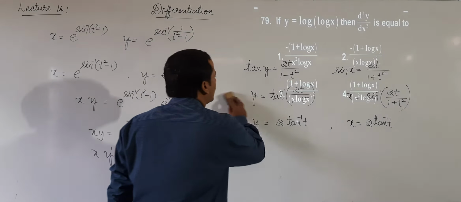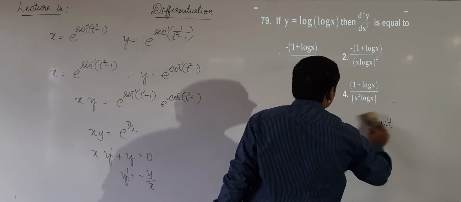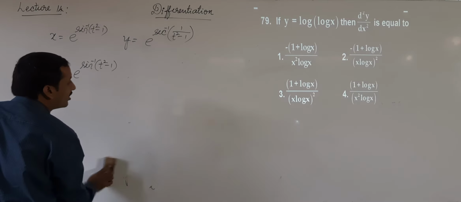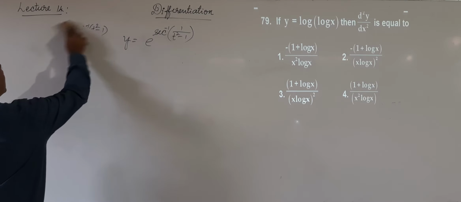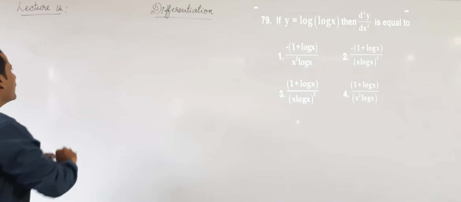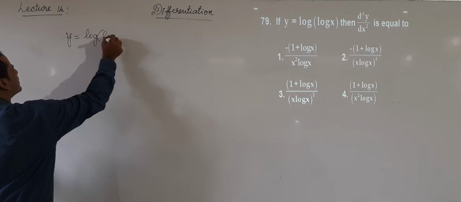If y is equal to log x, then dy by dx, then d square y by dx square is equal to. If y is log x, then we are asked to find the second derivative of y with respect to x. Okay. So y is equal to log x.